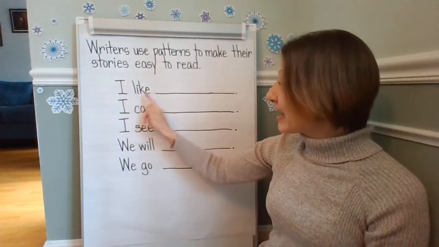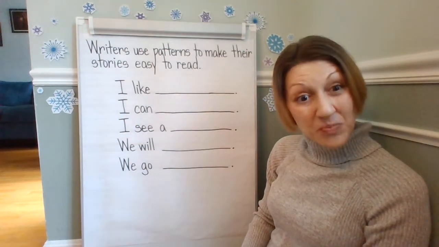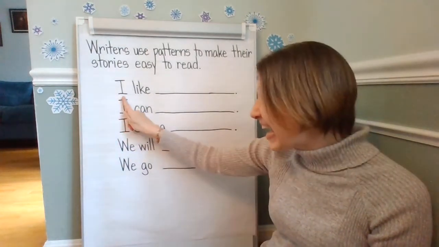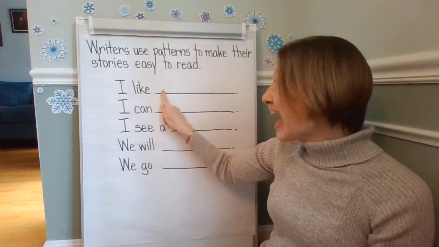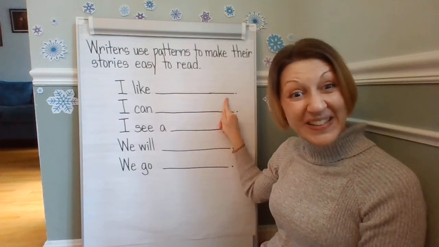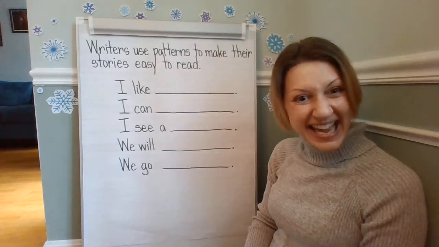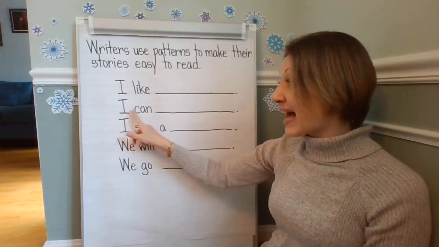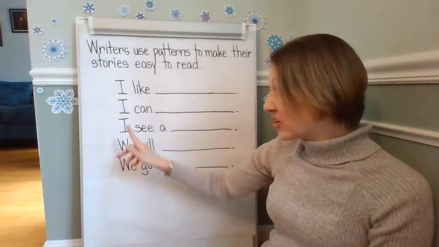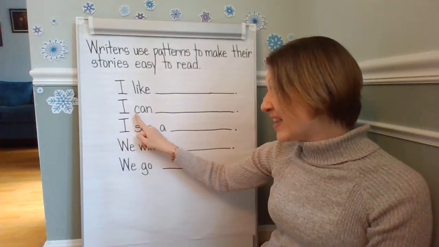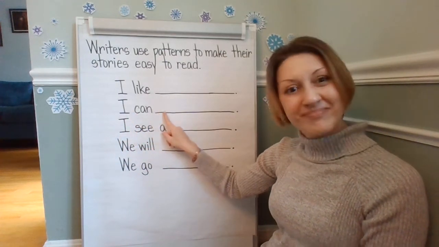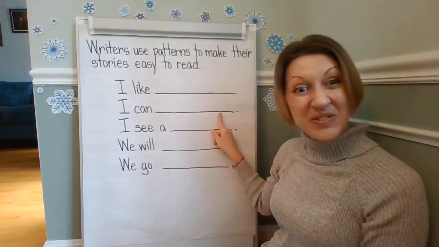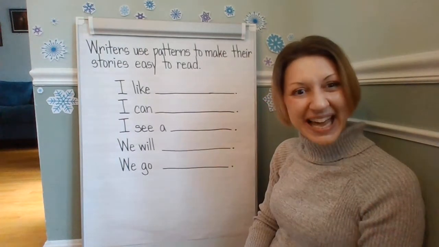You can pick I like, and if you pick that one, you'll put I like at the beginning with a capital I, finger space like, and then you would have whatever you like with a period at the end. If you'd like to use this pattern sentence, I can, you're going to write a capital I, finger space can, and then write whatever you're going to be doing for I can with a period at the end.